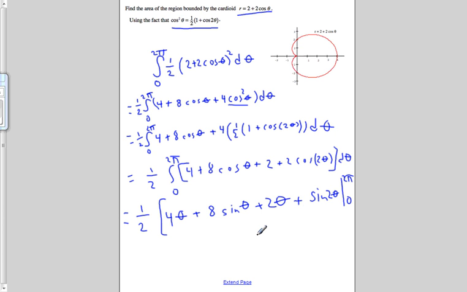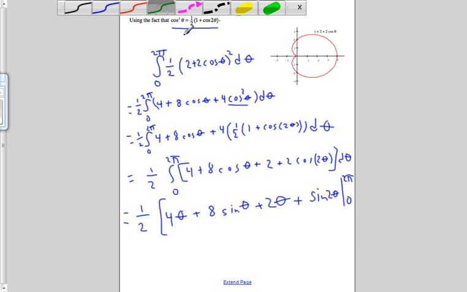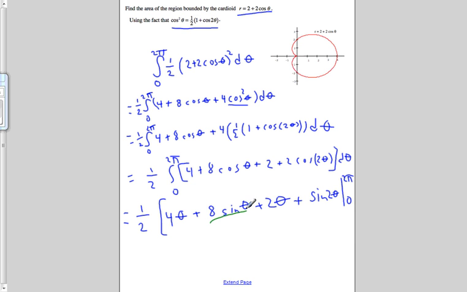Well, putting 0 and 2 pi in for sine is going to turn both of these to 0. And when I put 0 in for theta, it goes to 0.